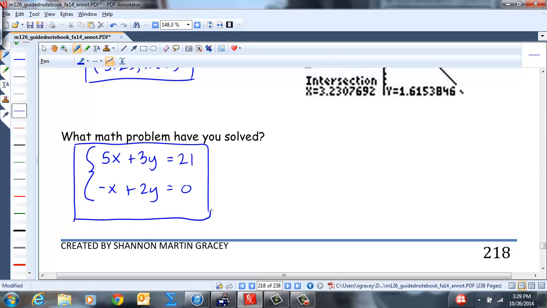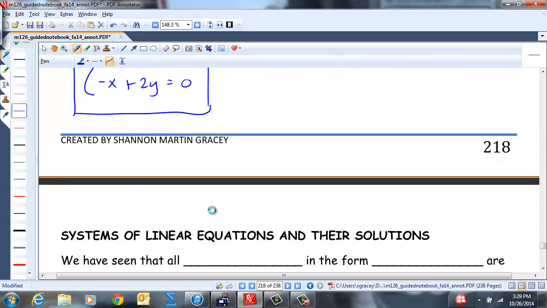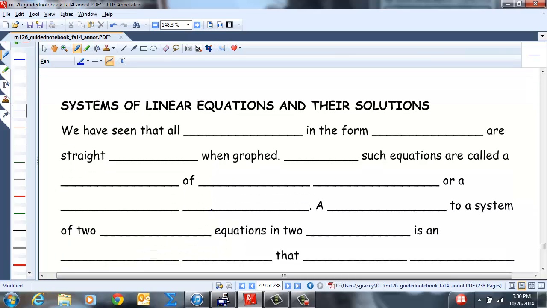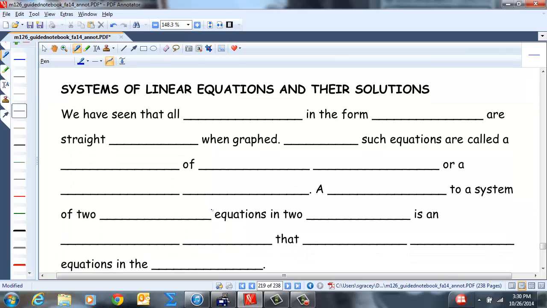All right, so moving right along, we've got systems of linear equations and their solutions. So we've seen that all equations in the form of ax plus by equal to c are straight lines when graphed.